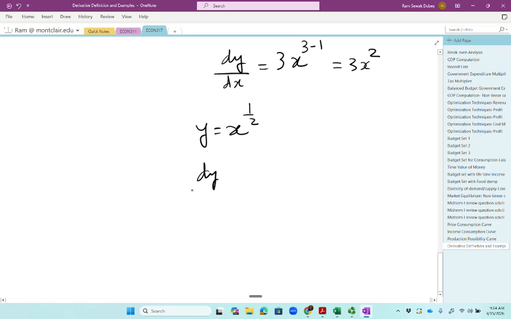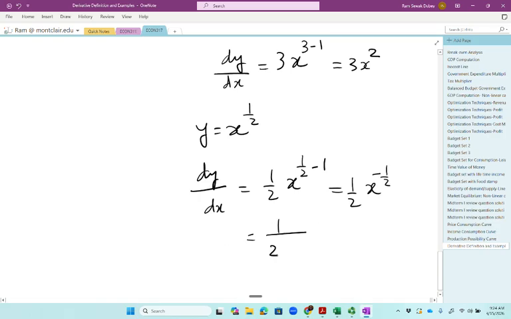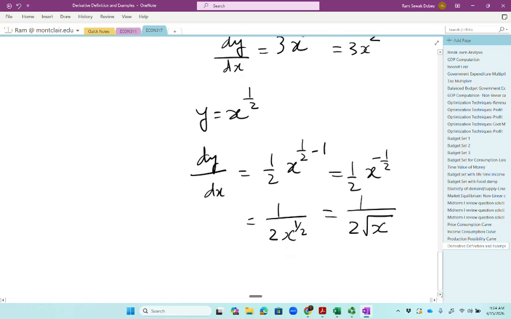The derivative dy over dx is 1 half x to the power 1 half minus 1. So 1 half x to the power minus half. We could also write it, taking the negative power in the denominator, as 1 over 2 x to the power half. We can also use the notation of the square root, and it's the same expression.